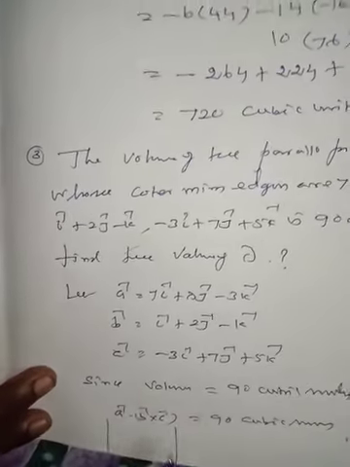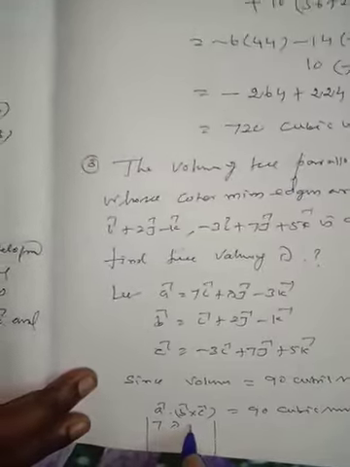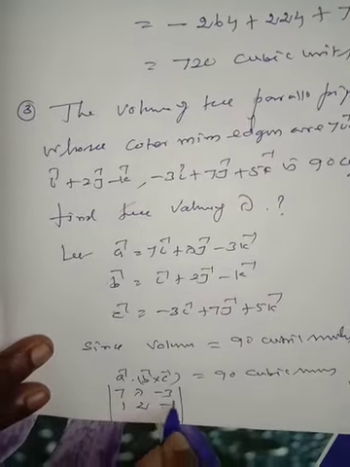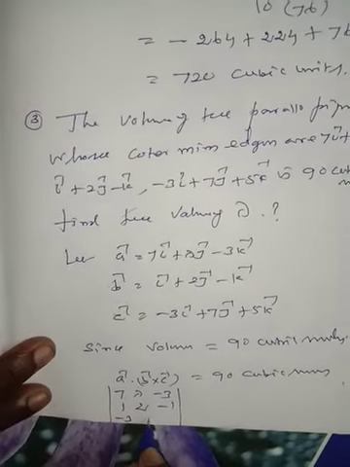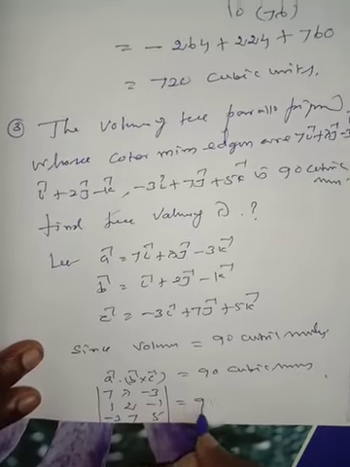Taking the coefficients of i, j, k: 7, λ, -3; 1, 2, -1; -3, 7, 5, equal to 90.